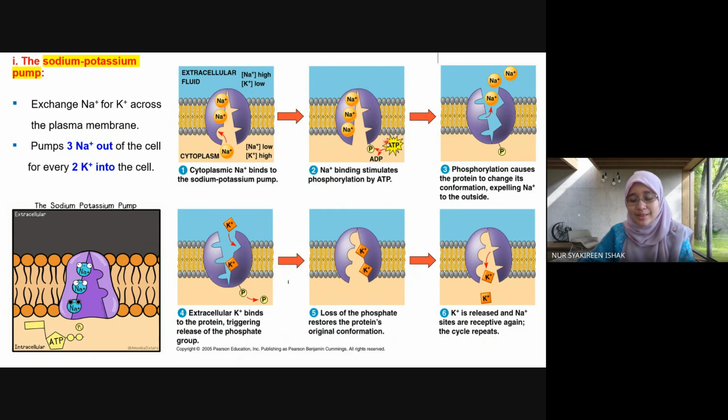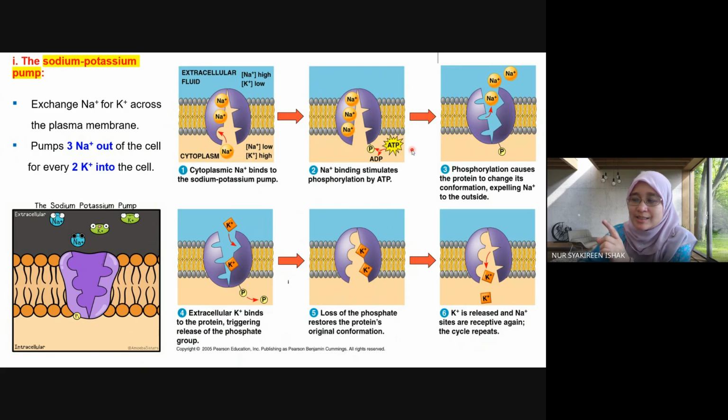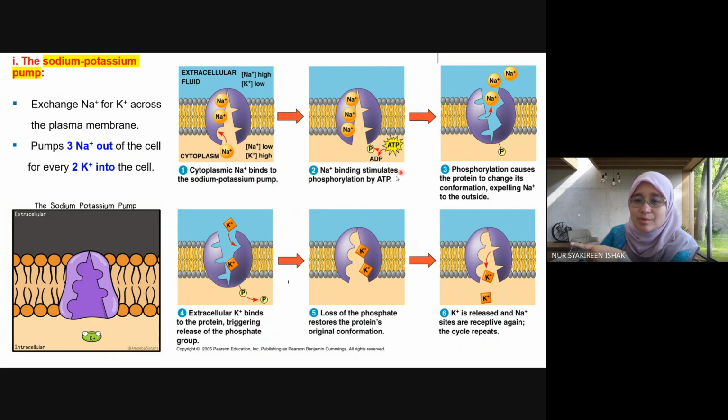ATP is adenosine triphosphate. The ATP will release one of its phosphates through hydrolysis. ATP hydrolyzes its terminal phosphate, and the phosphate will be added to this sodium potassium pump. The process we call phosphorylation. Sodium binding stimulates phosphorylation by ATP.